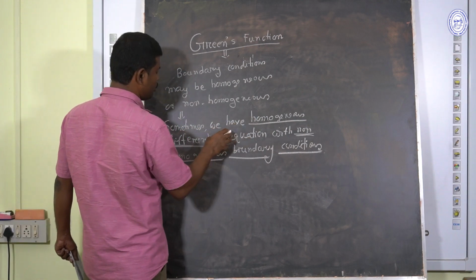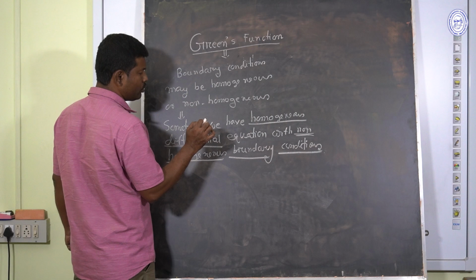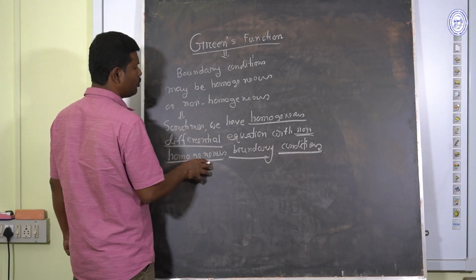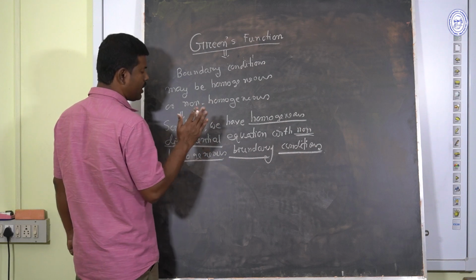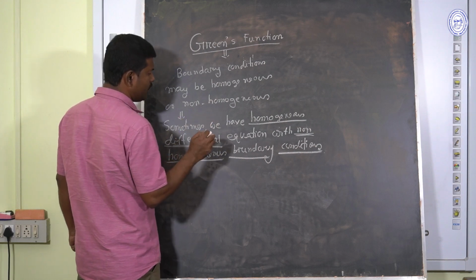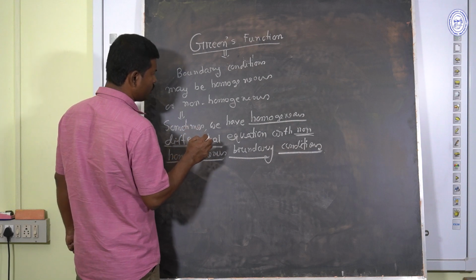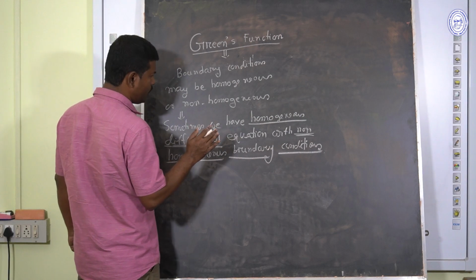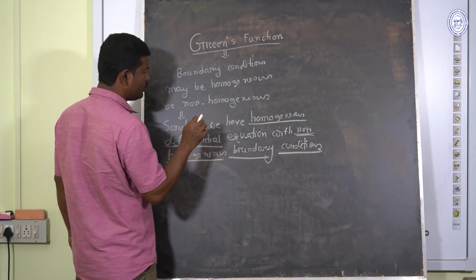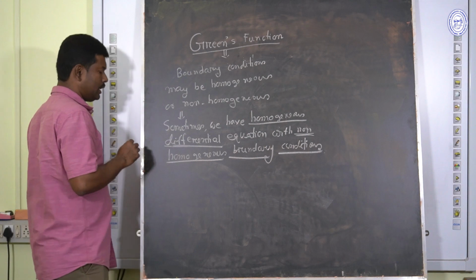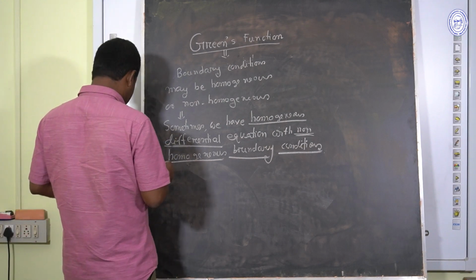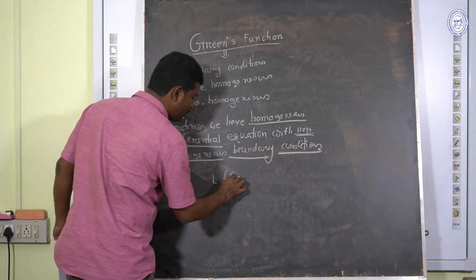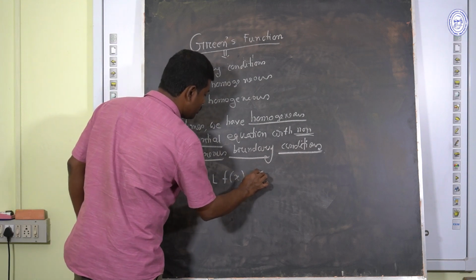Homogeneous differential equation means the right hand side will be equal to 0 or not a function of the independent variables. Homogeneous boundary condition means at a particular value of the independent variable, the dependent variable will be equal to 0, and non-homogeneous one means at a particular point of the independent variable, the dependent variable will be non-zero. As an example, let us consider a homogeneous differential equation L f of x equal to 0, where L is a linear differential operator and f of x is a function of the independent variable x, and the right hand side is 0.